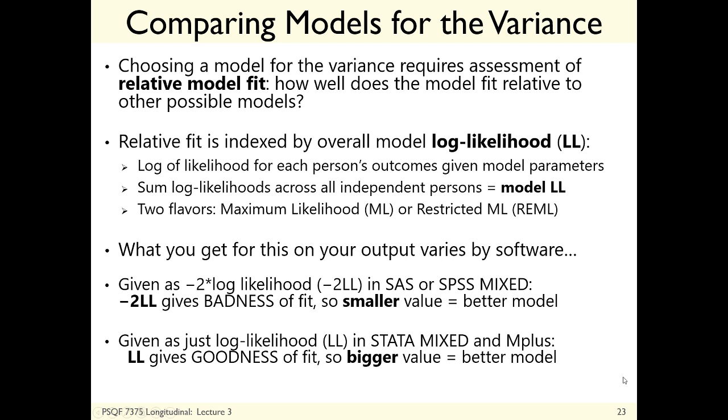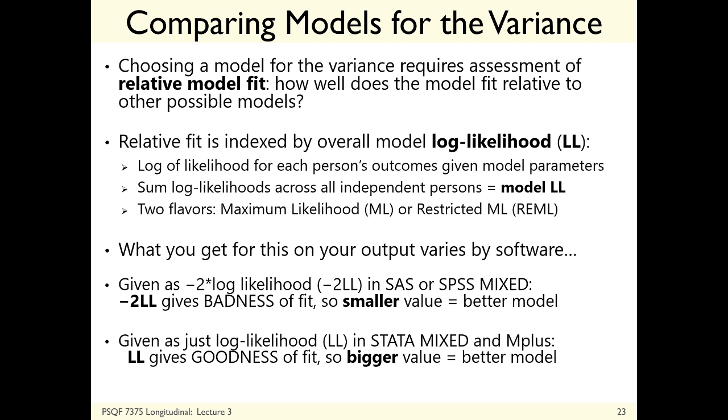So each model has its fit summarized by something called log likelihood. It's a single number that describes how tall, and I will talk about the equations that go into this in the next unit, but just briefly conceptually, it's how tall is the data given the best choice of model parameters that it can find.